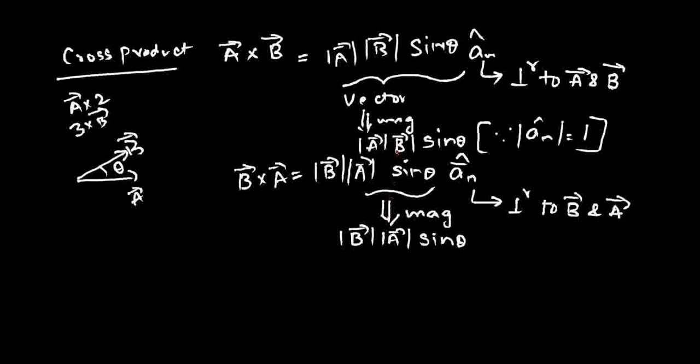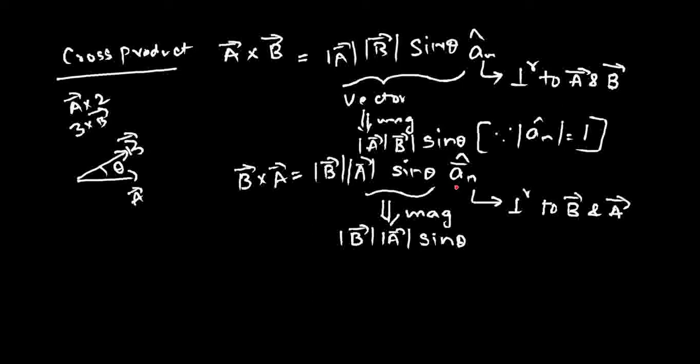If you observe these two vectors, A cross B and B cross A, can we say they are equal? No, they are not equal. They are equal only in magnitude. Mod A mod B sin theta is equal to mod B mod A sin theta. But they are not equal in direction. One is along A n cap, the other is along minus A n cap.